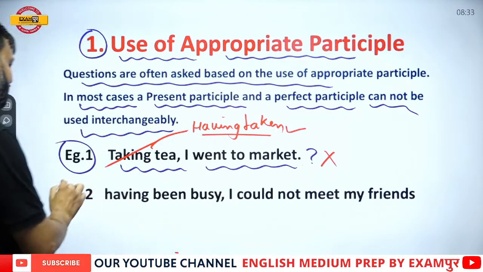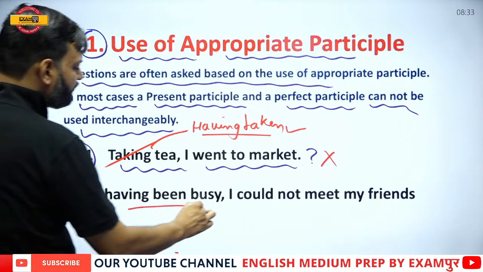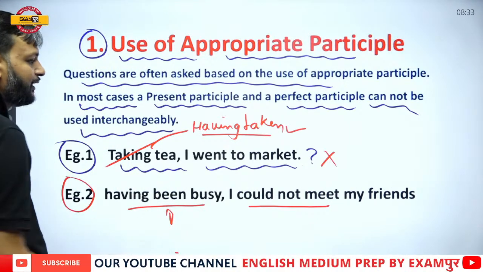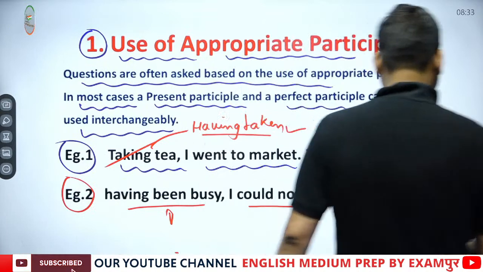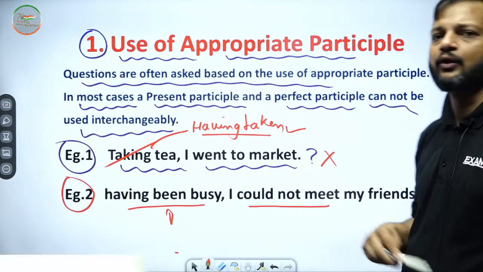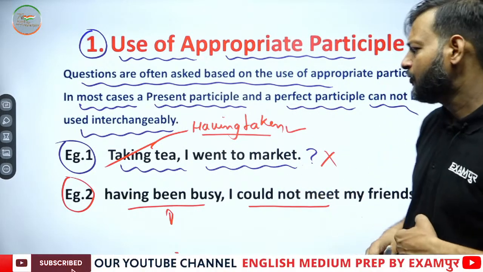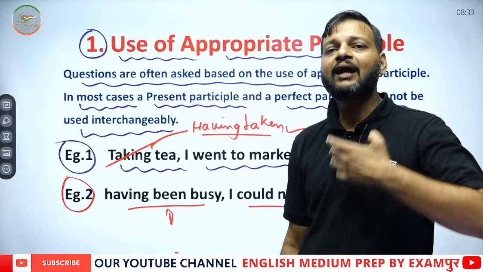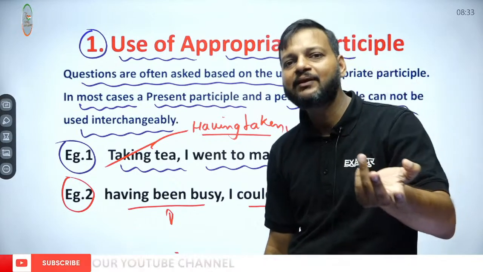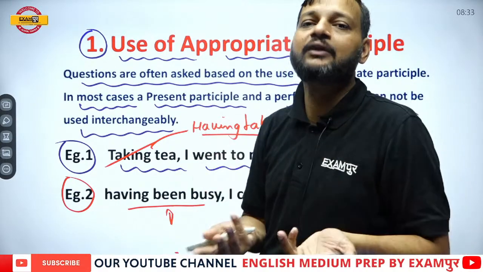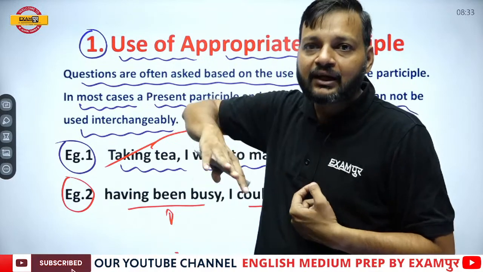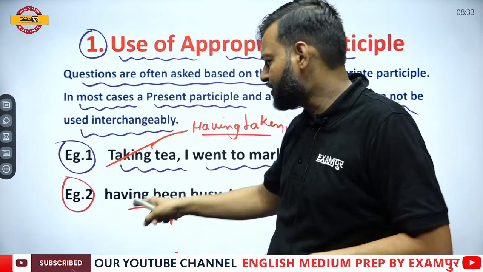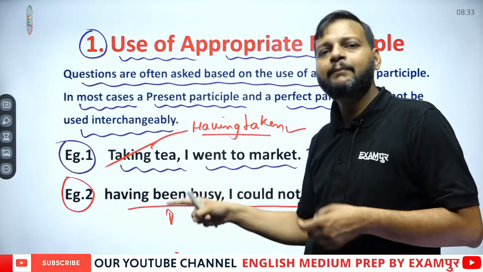In example 2: having been busy, I could not meet my friend. Here we have used perfect participle. Is this sentence correct? No, this is also wrong, because having been busy means after I had been busy, which means when I was free. That changes the whole meaning of the sentence.